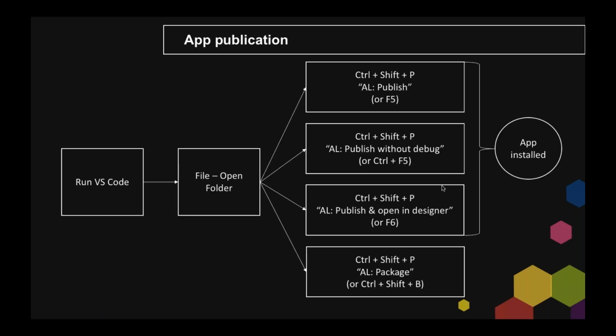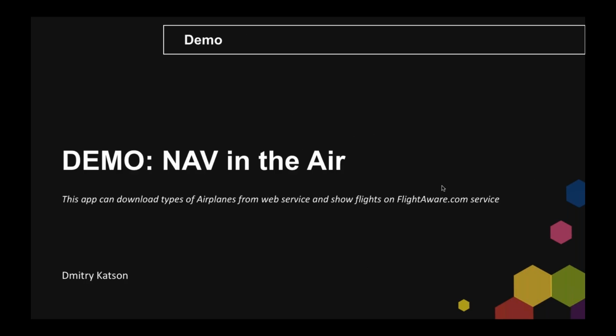We can open a folder, create a new project, or clone, for example, our project from GitHub. Then we modify the app.json file and the launch.json file. We download symbols, and symbols are the code base of our main NAV system. And then we write our code.